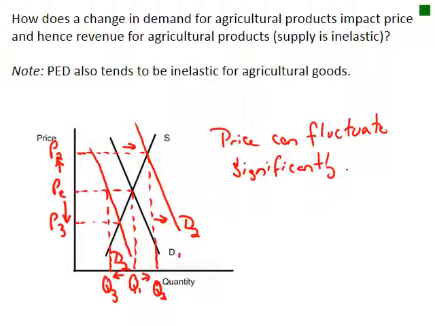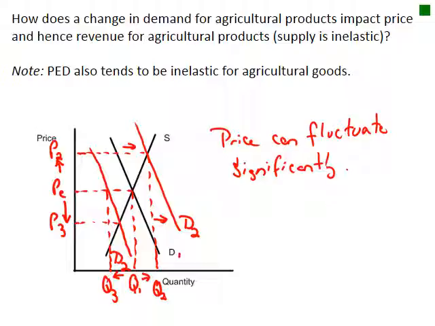How does a change in demand for agricultural products impact price and hence revenue? So assuming that supply is inelastic, and we also know that PED tends to be inelastic for agricultural goods as well, let's have an increase in demand. Before the increase, let's call this PE. We'll call this QE.